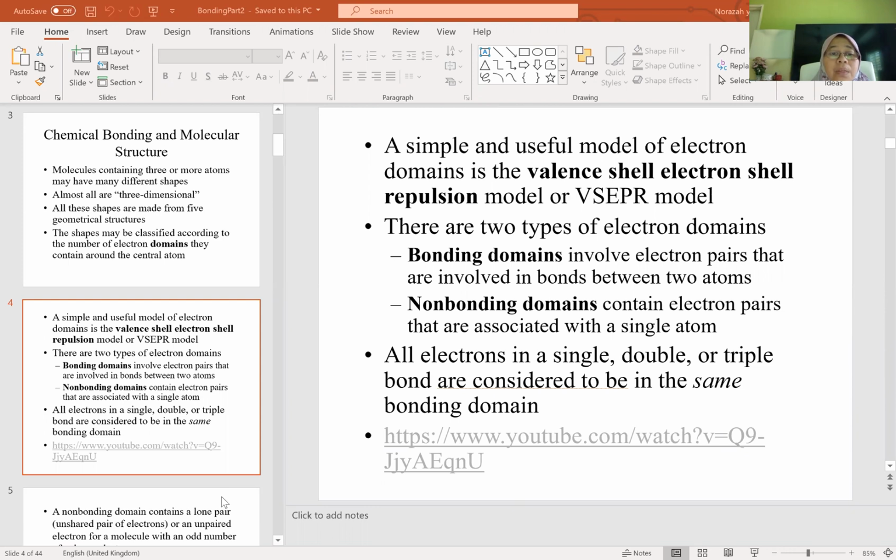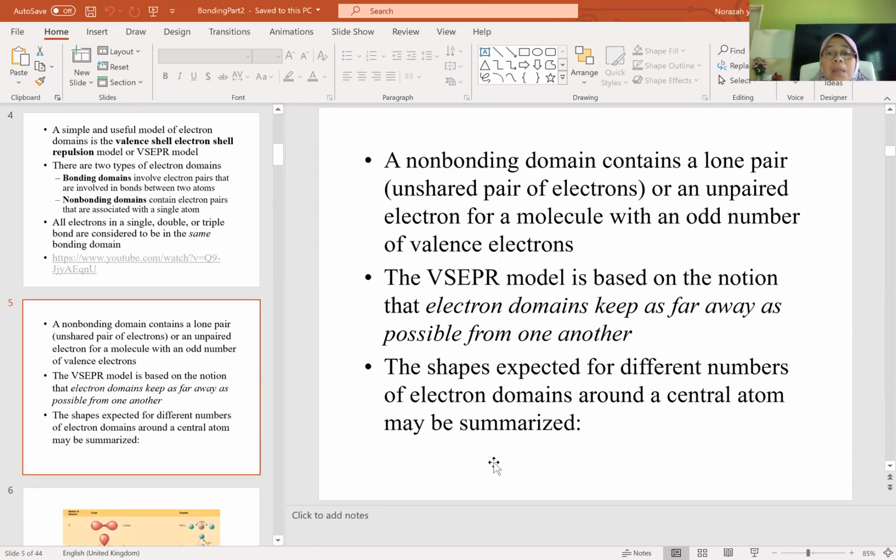If you remember, the basis is the electron or the atoms are arranged so that they are as far away as possible from one another. This is to reduce the potential energy so that the compound or the molecule is stable.